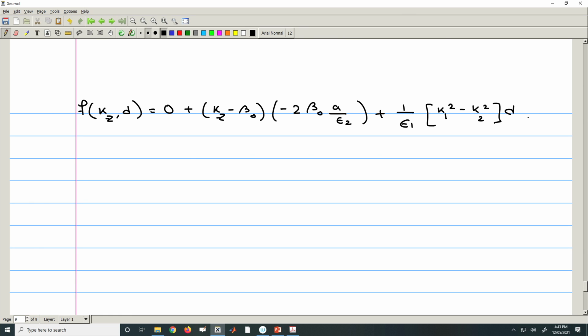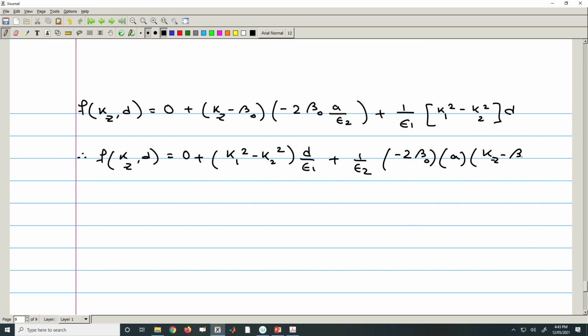Therefore, we can write this as (k1 square minus k2 square) d upon epsilon 1 equals 2 beta naught upon epsilon 2 times (kz minus beta naught) times a.